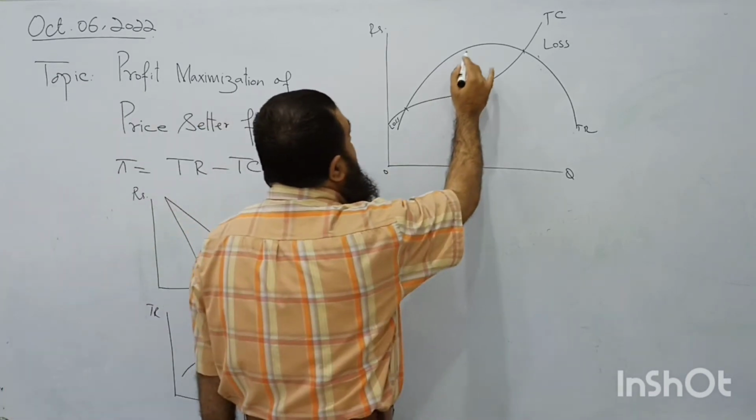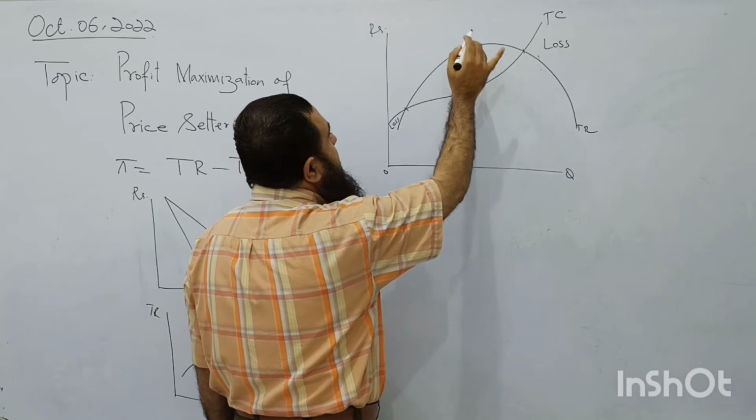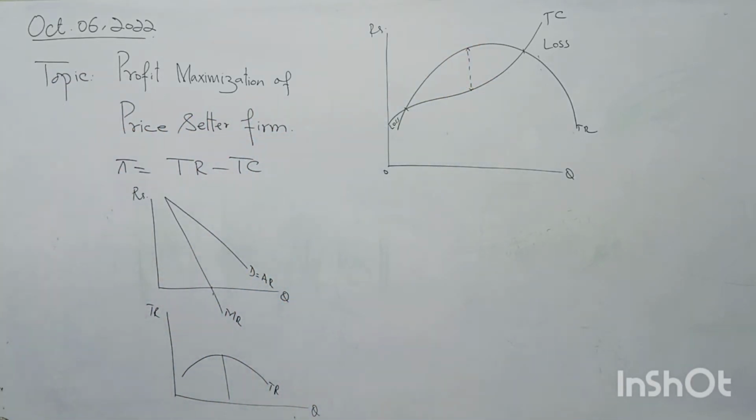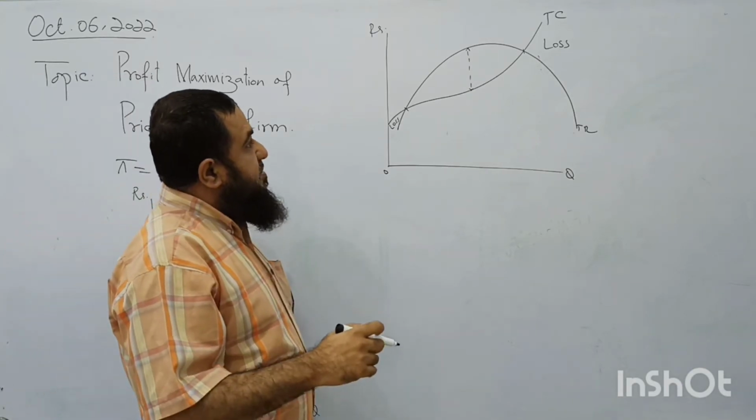You can find over here, this is the area where the profit gap, the gap between total revenue and total cost, is maximum. Clear? So, Alvina, you are studying mathematics.